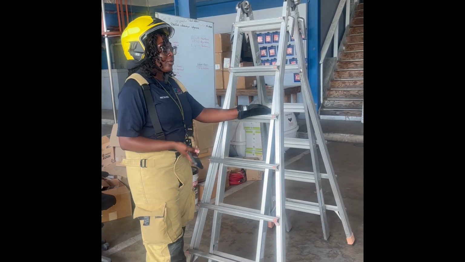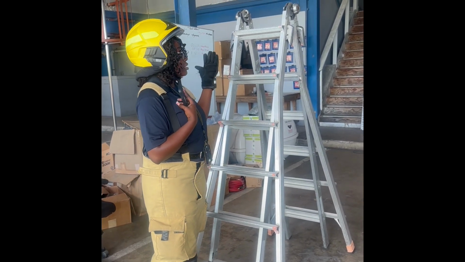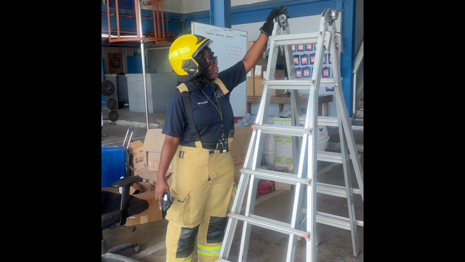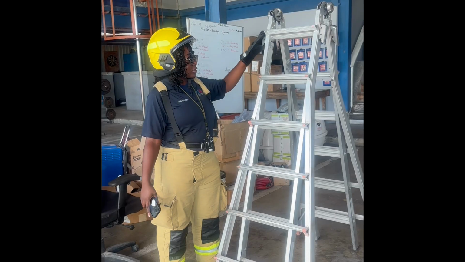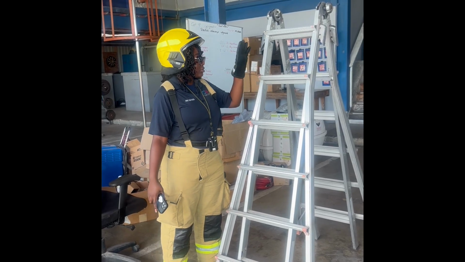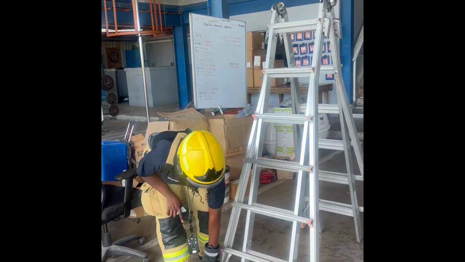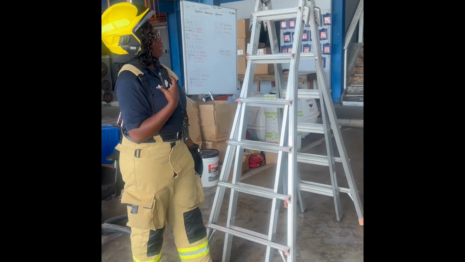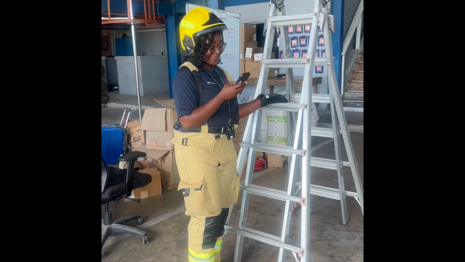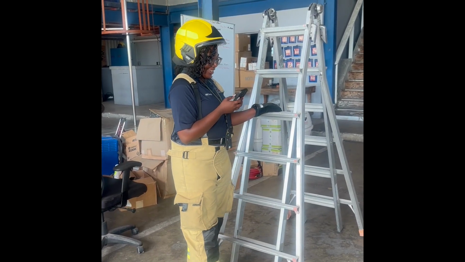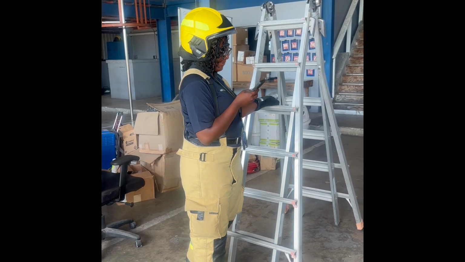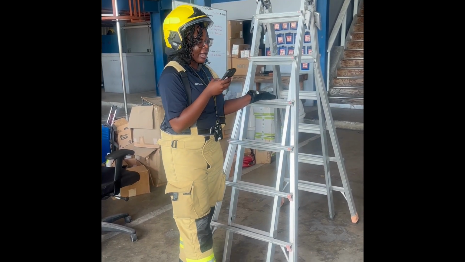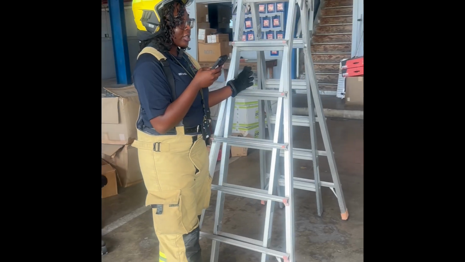So today I will begin with naming the parts of the ladder. This is the head, this is the palm lock, the locking hinge, rounds, the string, the heel, and the wheels. The A ladder is designed for one person operation.